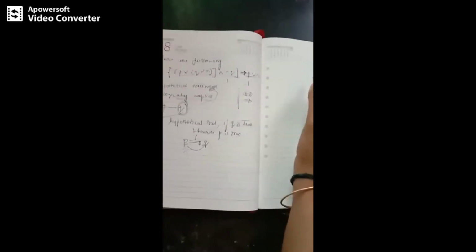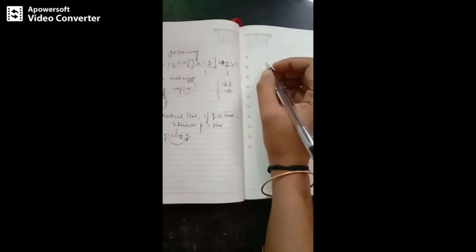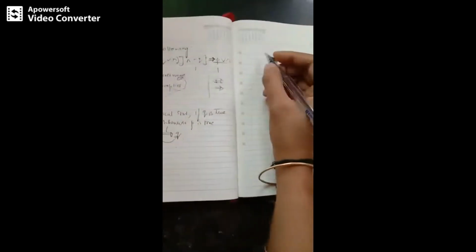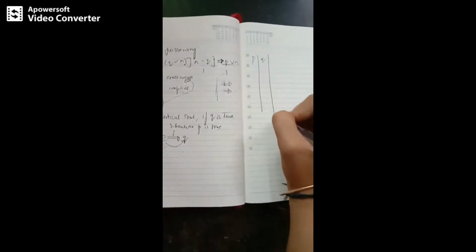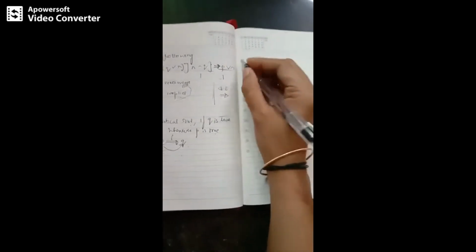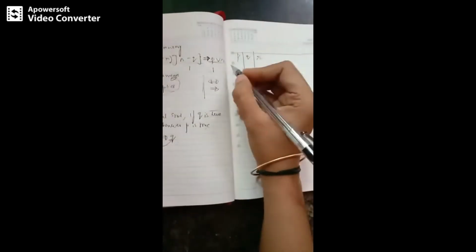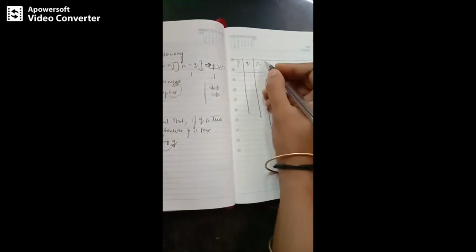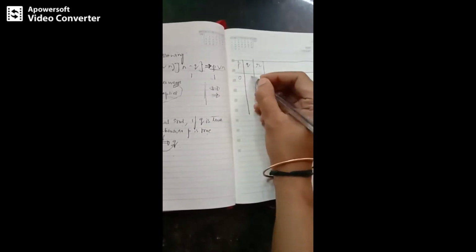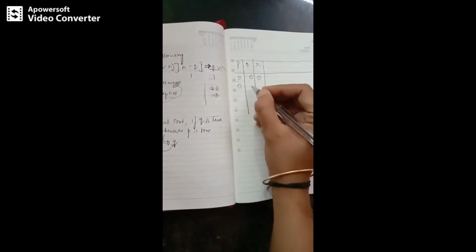So for this, let's construct a truth table. You can observe how many propositions there are. There are 3 propositions, P, Q, R. So let's construct the truth table with the respective columns. We have 3 propositions, so 2 cube, that is 8 rows. Write all possible combinations for this.